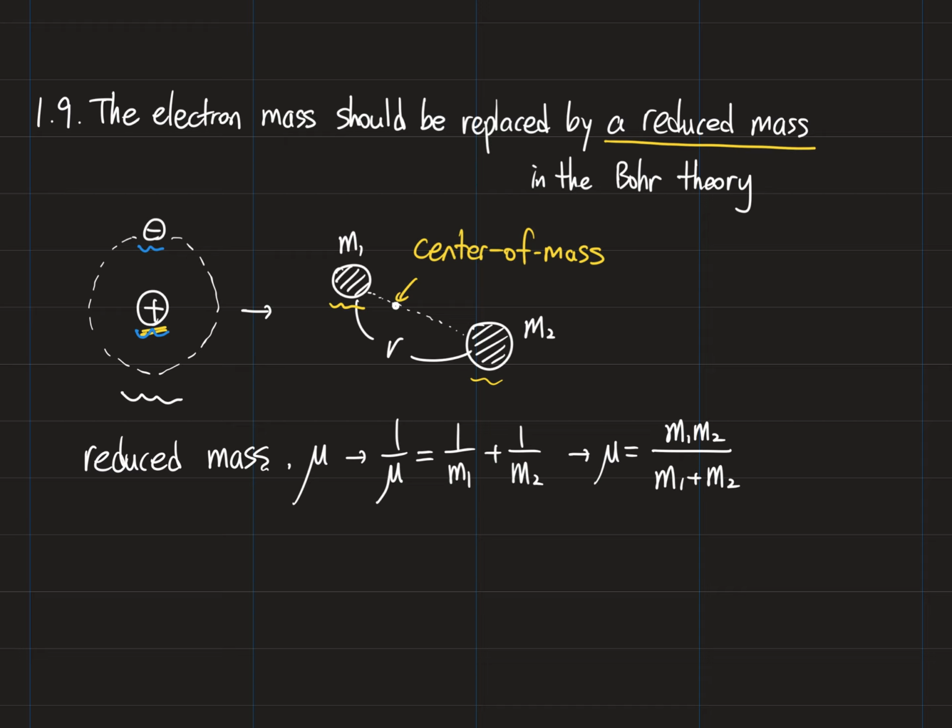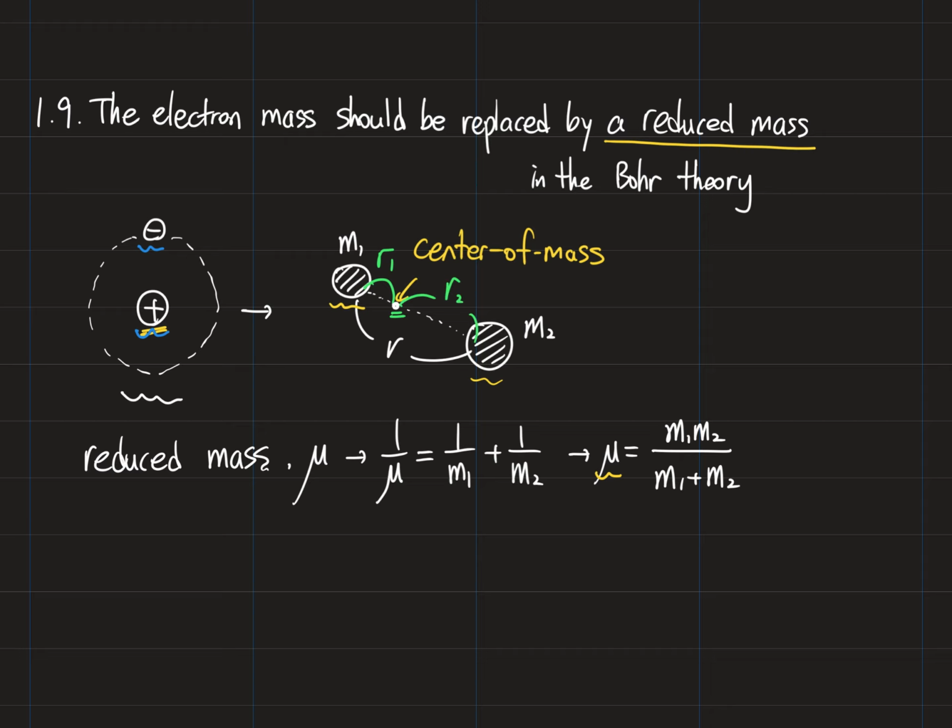So you can derive this expression. We are going to take a look at it very briefly. The center of mass can be defined like this. With respect to the center of mass, we can define two distances. The distance between particle 1 and the center of mass is r1.